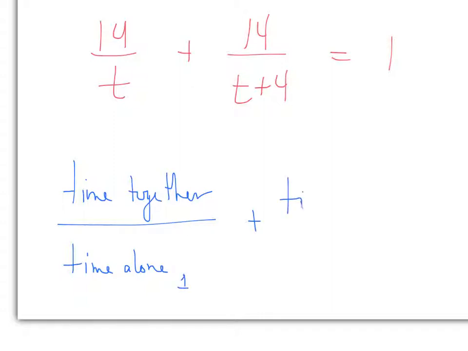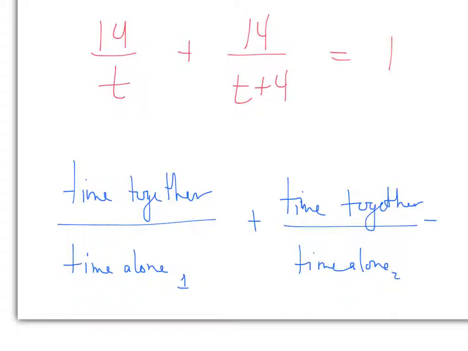And then the time together over time alone 2. And that has to equal 1. It's always going to work. If you have 3 people working on this job, it still works. You have 3 fractions that you're going to be adding together.